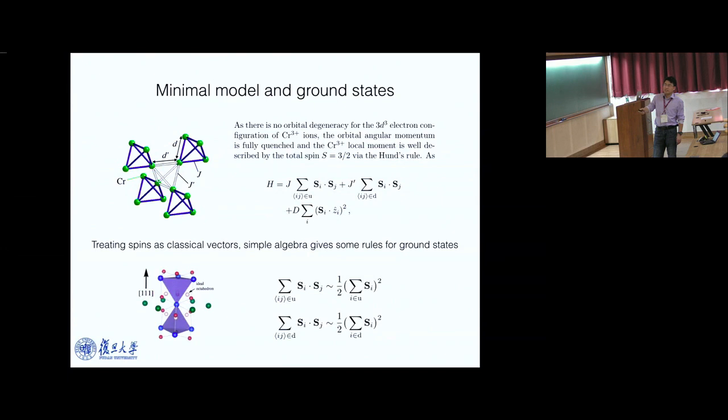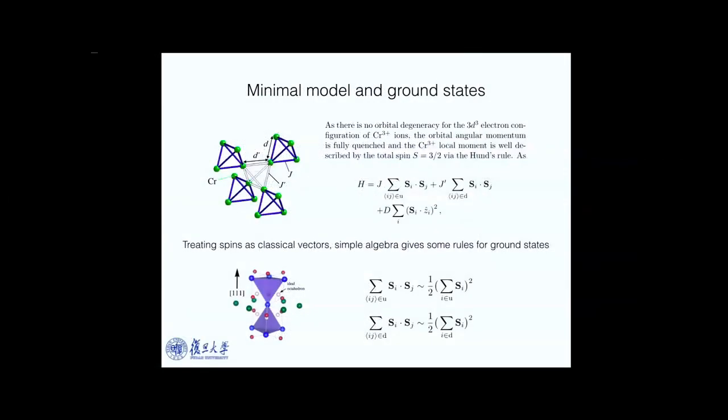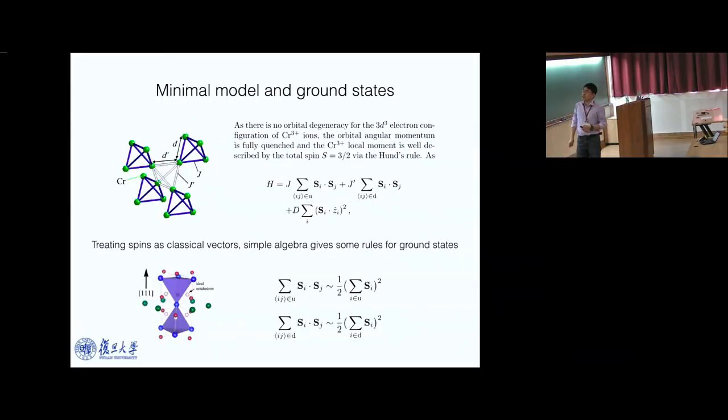If the exchange interaction is antiferromagnetic, and you treat the spin classically, because the spin is rather large, it's legitimate to first treat the spin as a classical vector to understand the classical ground state. This simply favors the total spin on each tetrahedron to be 0, both the upper one and the down one. That's the condition to optimize the exchange part of the energy.